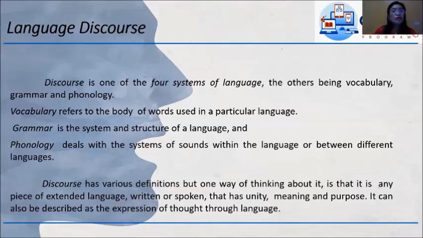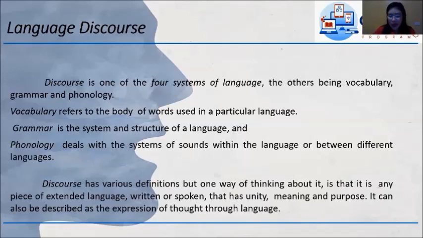Okay, so how about grammar? What is grammar? Grammar is the system and structure of a language. In linguistics, grammar is the set of structural rules governing the composition of clauses, phrases, and words in a natural language.